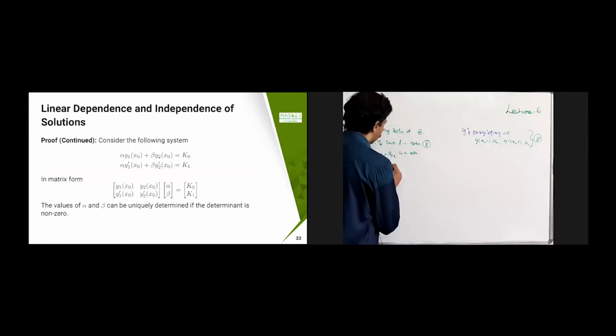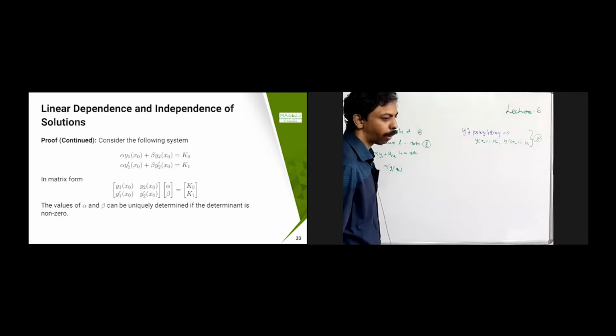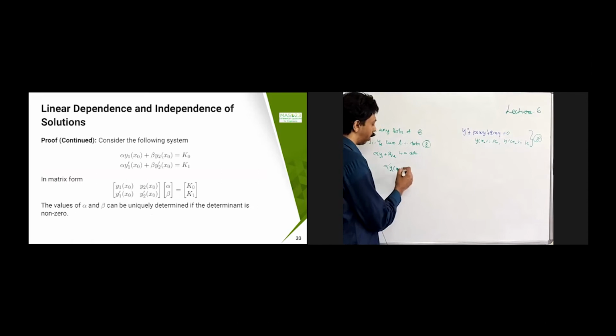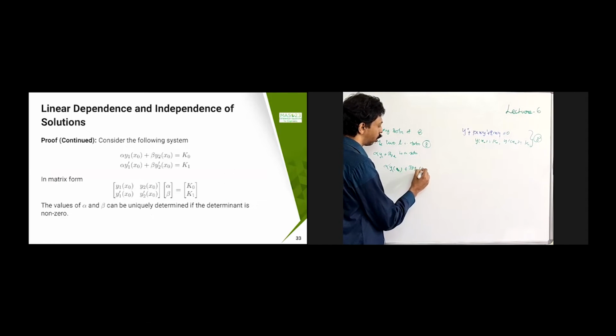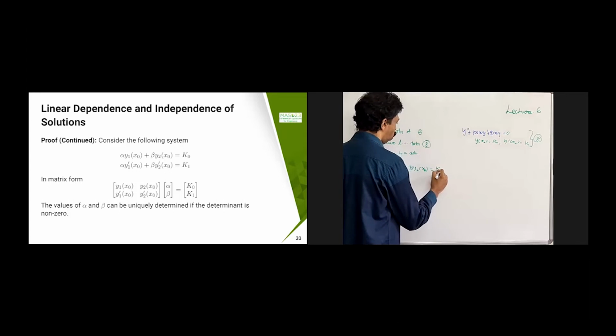Consider alpha y1 of x naught plus beta y2 of x naught equal to k naught. Since alpha y1 plus beta y2 is a solution, it should satisfy this condition, so I can just substitute over here.